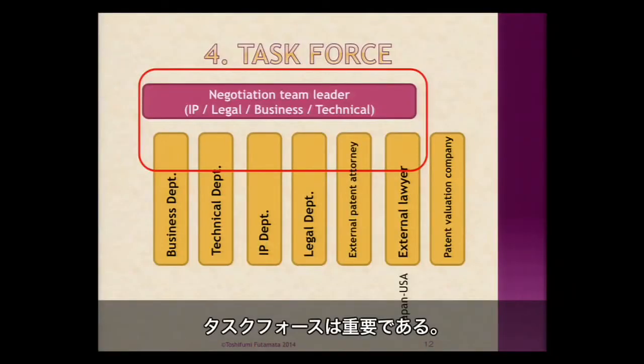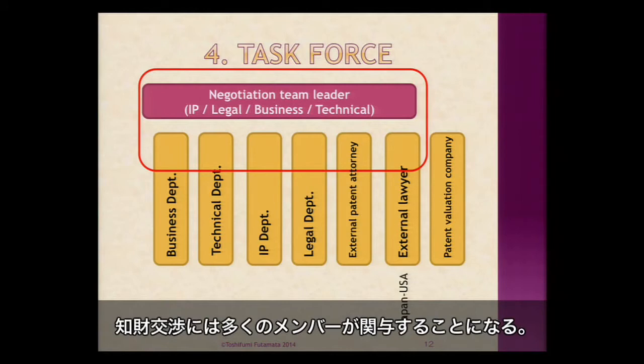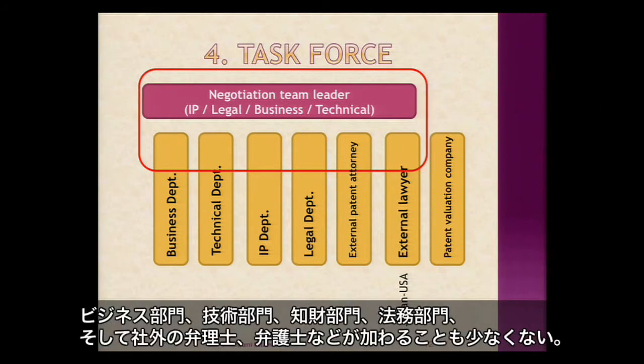Task force is important too. Many personnel must be involved in IP negotiation from the business, technical, IP, and legal departments of the company, as well as patent attorneys and lawyers from outside the company.